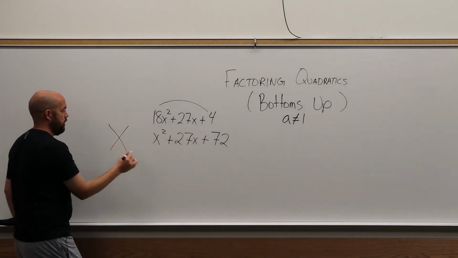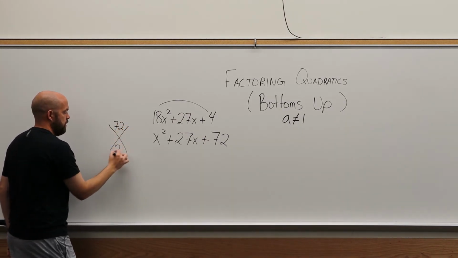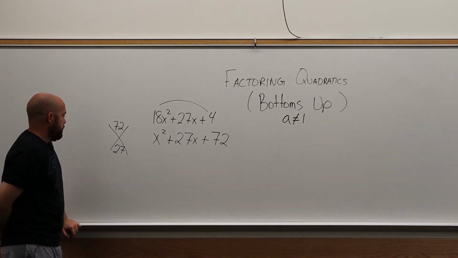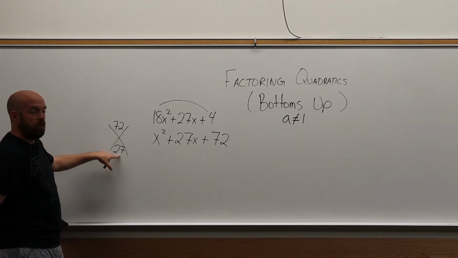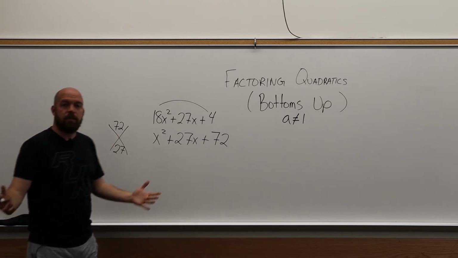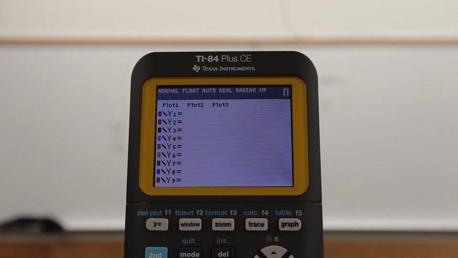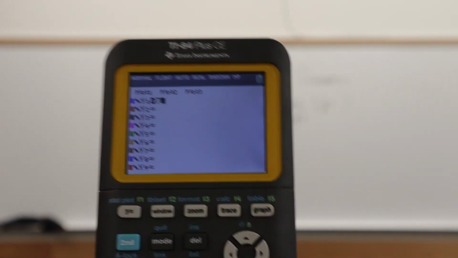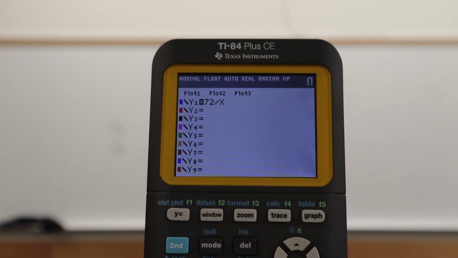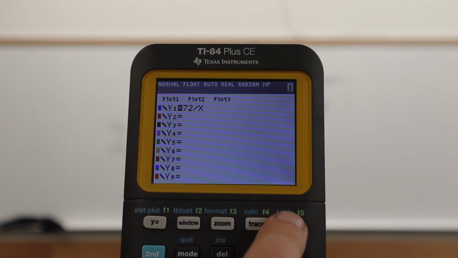So I need to think of two things that multiply to get 72, but add to get 27. 25 times 2 would add to this, but that's not right. Let's check the calculator. Let's see if we can figure this out quickly. All right, so I'm going to put 72 divided by x into the graphing, and then I'm going to go to table here.